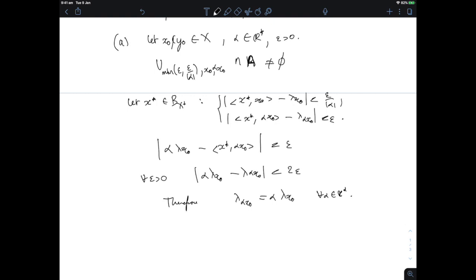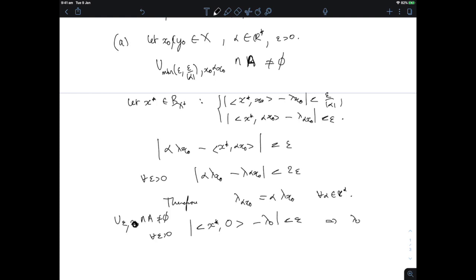But for alpha equal 0, we would get that x star comma 0. Just take the neighborhood U epsilon x0. This has to intersect A, and then we would get that x star tested on 0, which is 0, minus lambda 0, testing at 0, has to be smaller than epsilon, and that implies for every epsilon.